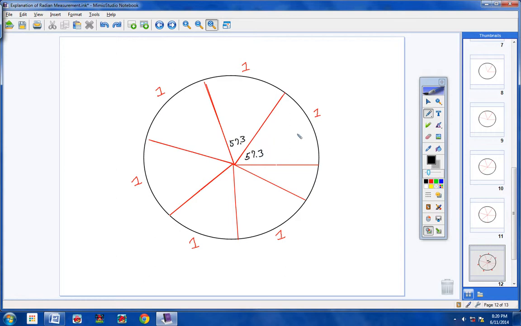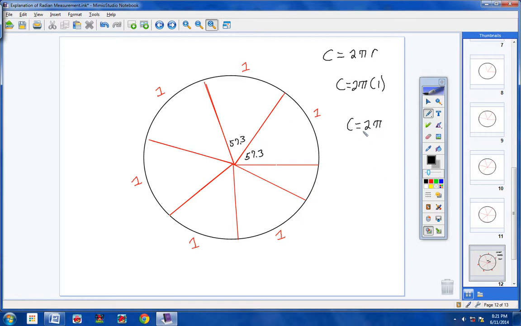Please watch this carefully. Remember how you find the circumference of a circle? Circumference equals 2 pi r. Now, we know the radius for this circle is 1, so where the radius is, I can put a 1. So now I have 2 pi times 1. So really the circumference of this circle is just 2 pi, correct?